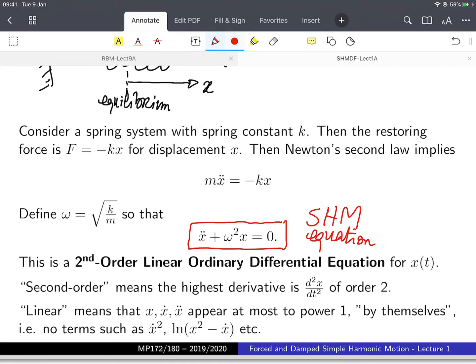So it's not an algebraic equation, it's a functional equation, but it involves x and the derivative of x, so it's a differential equation. The highest order of differentiation is 2 here, x double dot means x double prime means d2x dt squared. Highest order is 2, so you call it a second order ordinary differential equation. That's all okay and easy to understand.